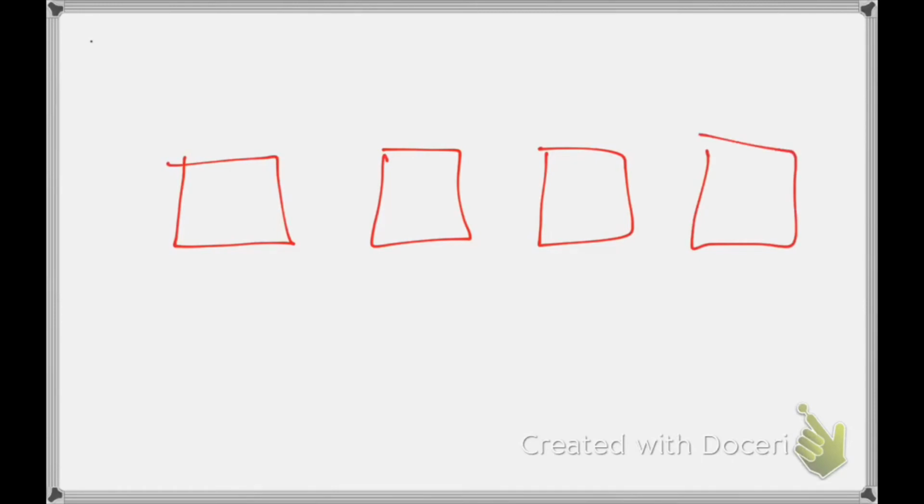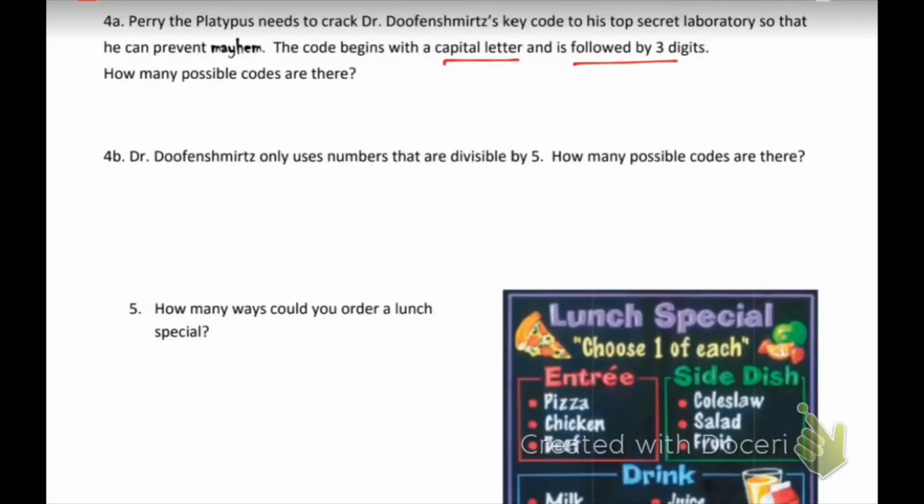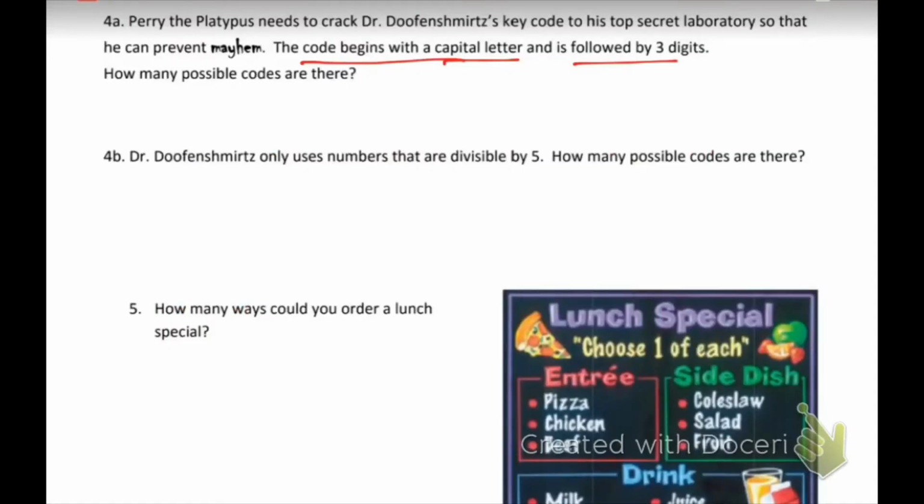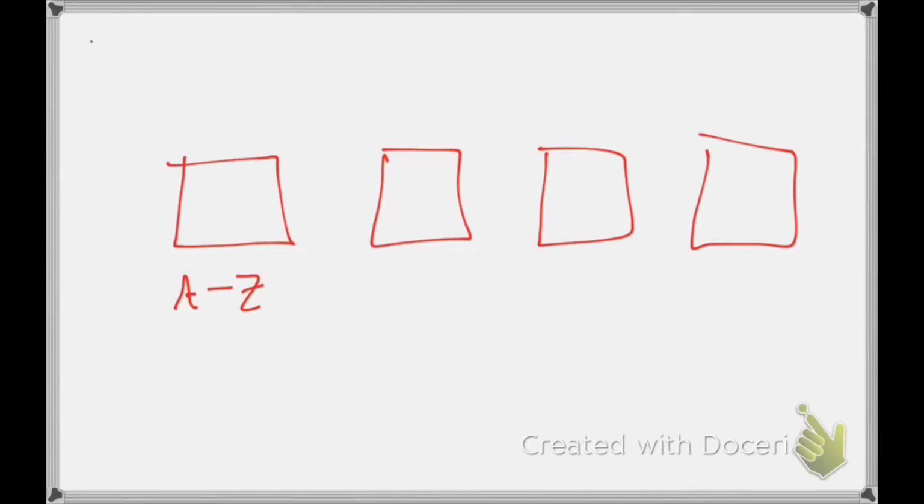So the picture here is that we have a code, so 4 digits, or 4-part passcode, and the code begins with a capital letter, so A through Z, and is followed by 3 digits. So I have 0 through 9, 0 through 9, and 0 through 9.